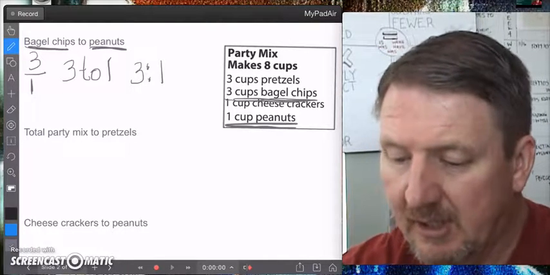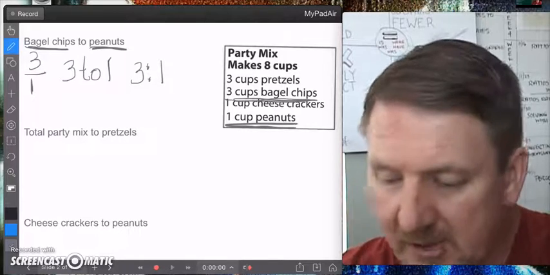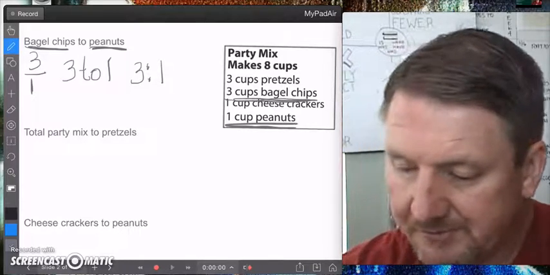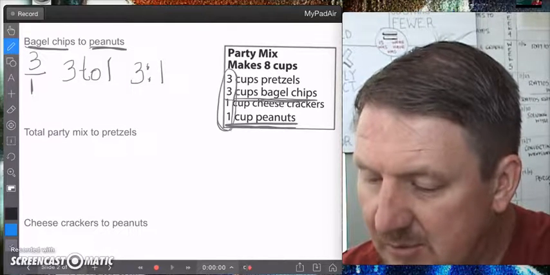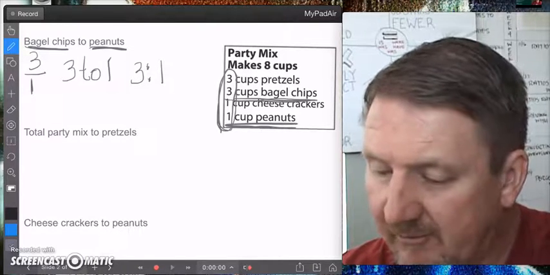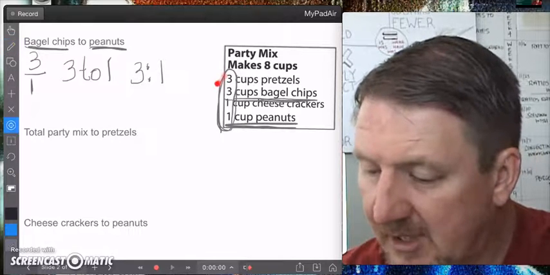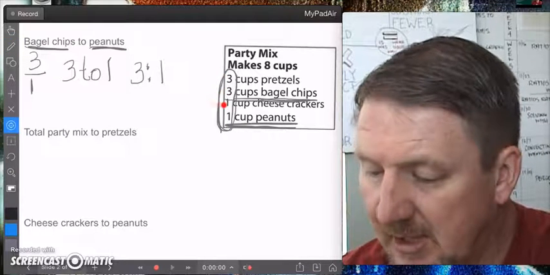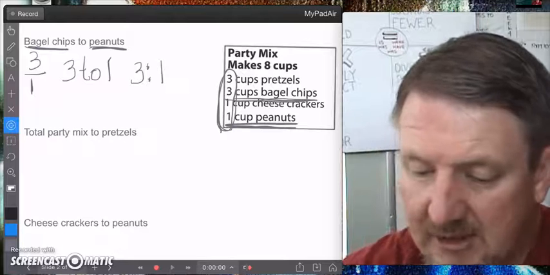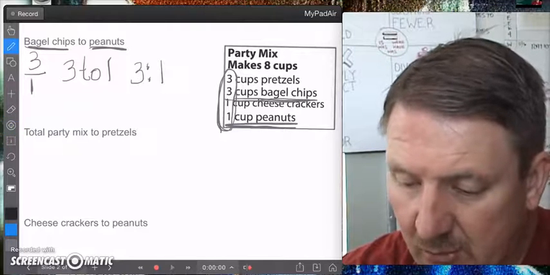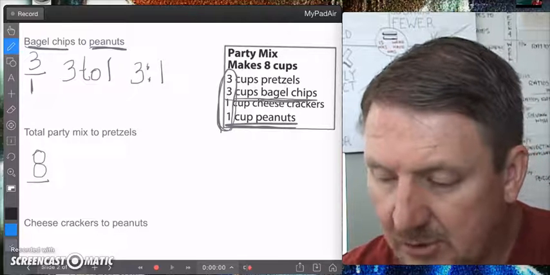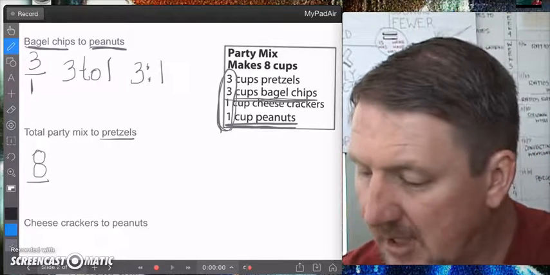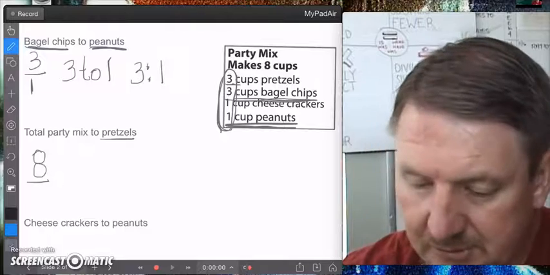Let's compare the total amount of party mix to the amount of pretzels. The total amount of party mix would be 3 cups plus 3 cups is 6, plus 1 is 7, plus 1 is 8. So I have a total of 8 cups of party mix compared to 3 cups of pretzels.